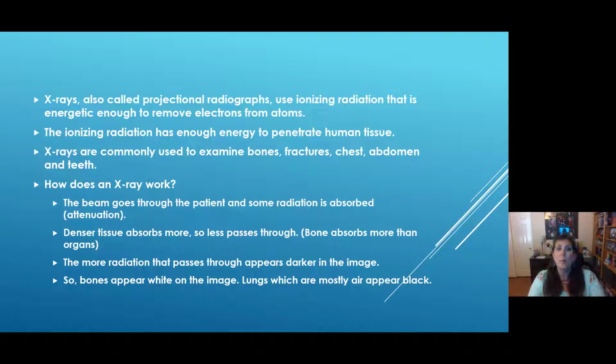So when it's absorbed by bone, it doesn't pass through and it appears white. Lungs, which are mostly air, hardly absorb x-rays at all, and they appear black. So the dense tissue will appear white, and less dense appears black, and everything in between. So that's how an x-ray works.